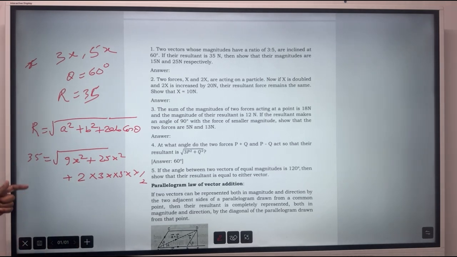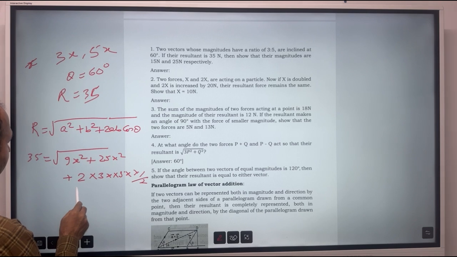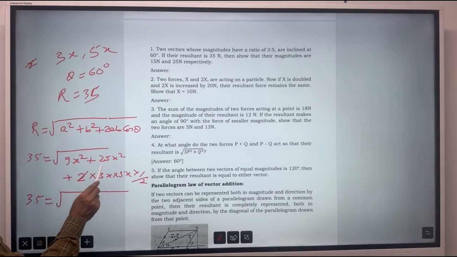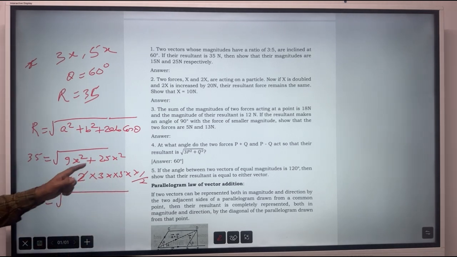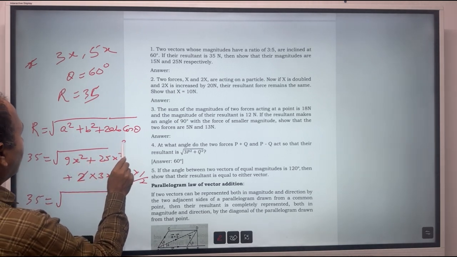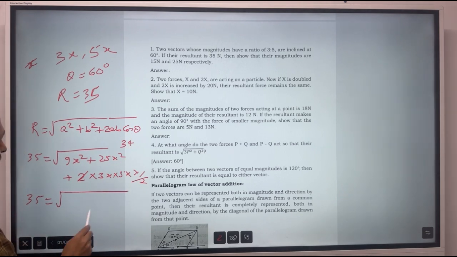So what do we get? The 2 will cancel out. 35 equals root of 9x square plus 25x square, which becomes 34x square, and here this is 3 into 5, 15. So it will become 49x square.